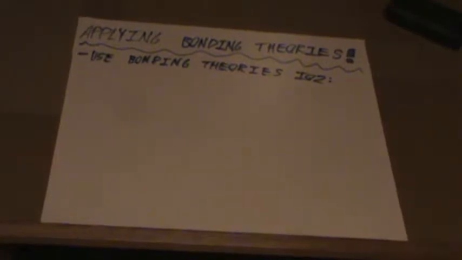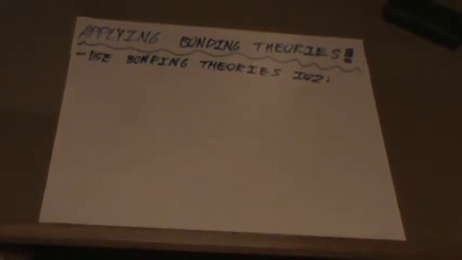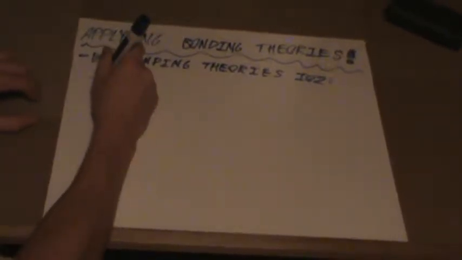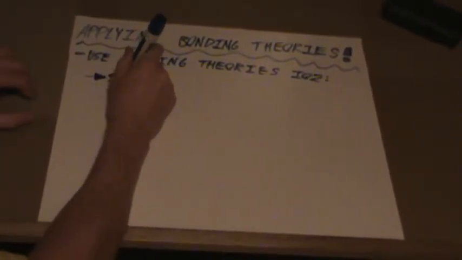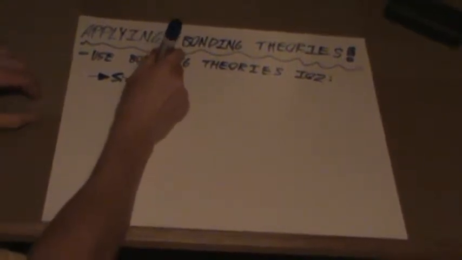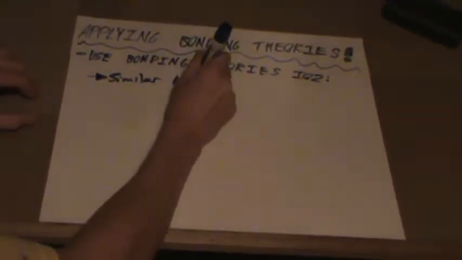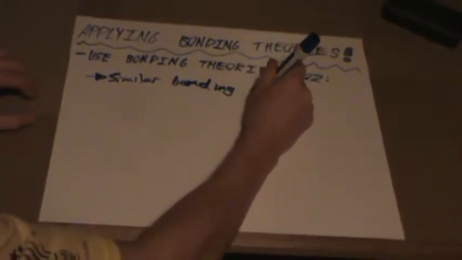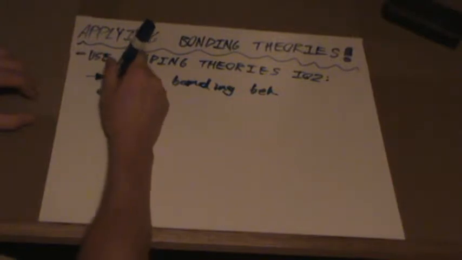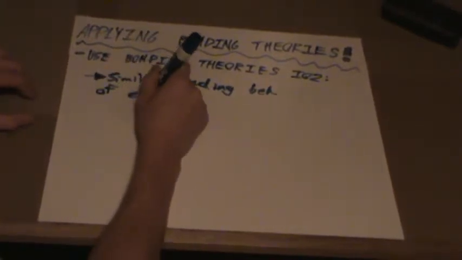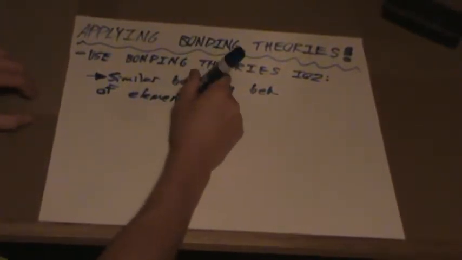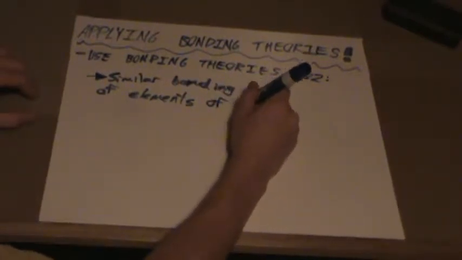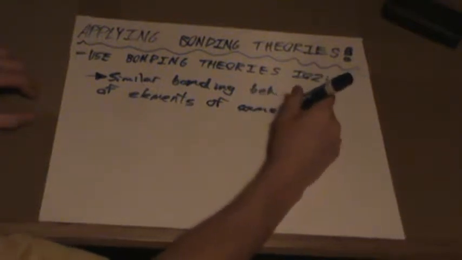So what we did in the last video is we talked a lot about the similar bonding behaviors of elements in the same group, and we used the example of sulfur and oxygen, same group.